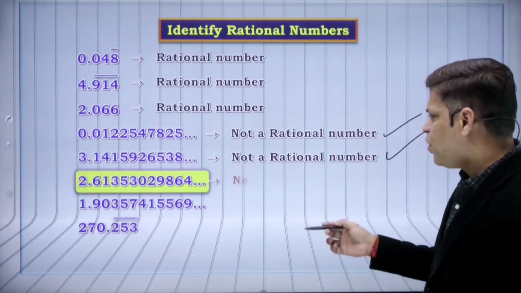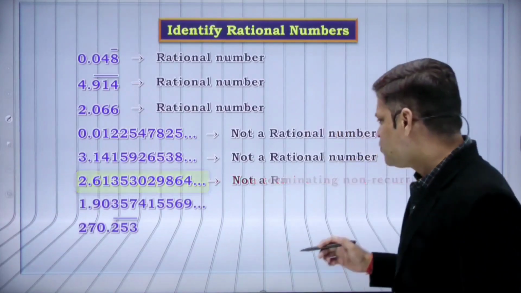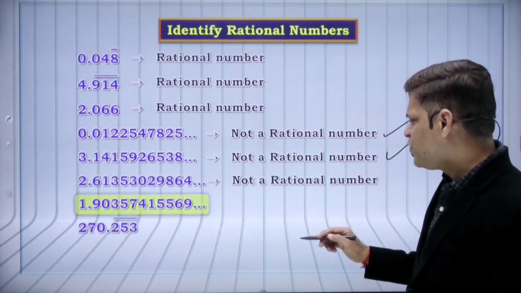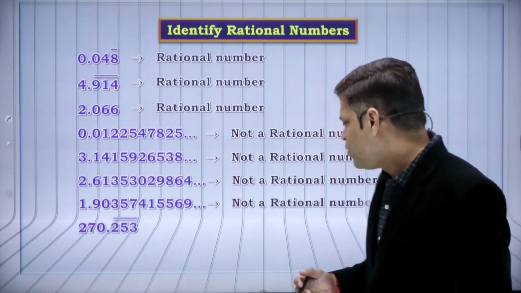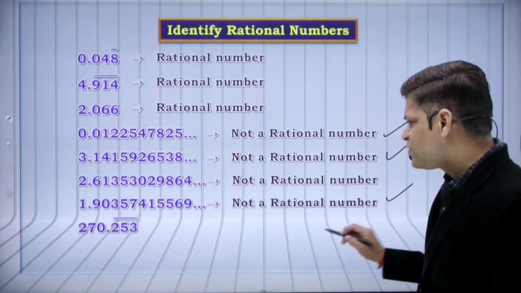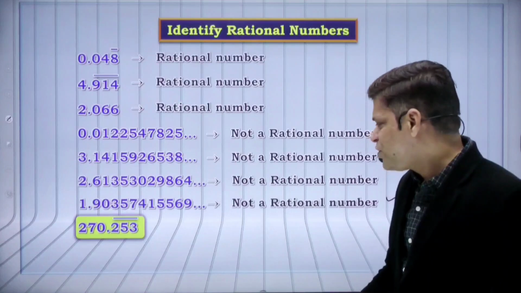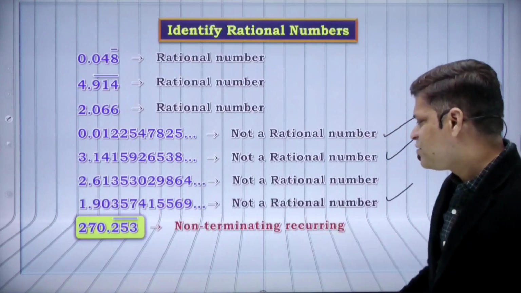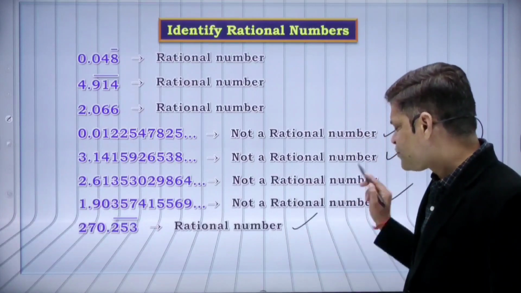The next one also we can say is non-terminating and non-recurring, so this is also not a rational number. And the last one, a bar is applied on 253. So simply we can say this is non-terminating and recurring, so this is a rational number.